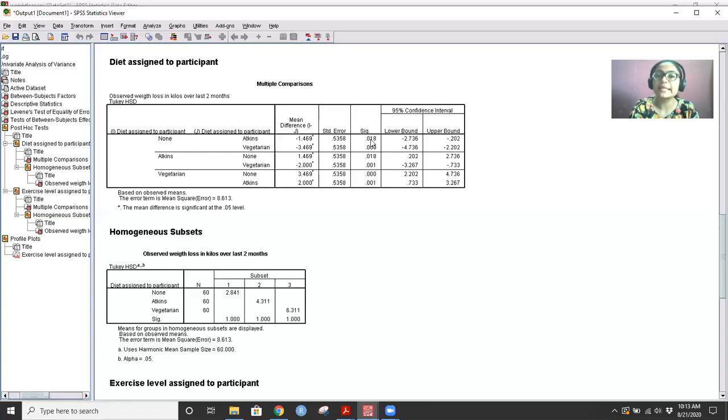So there indeed is a significant difference between the weight loss observed after doing no diet and doing an Atkins diet. Similarly, I'll interpret the next comparison. The difference in weight loss between no diet and vegetarian diet is approximately 3.47 kgs.